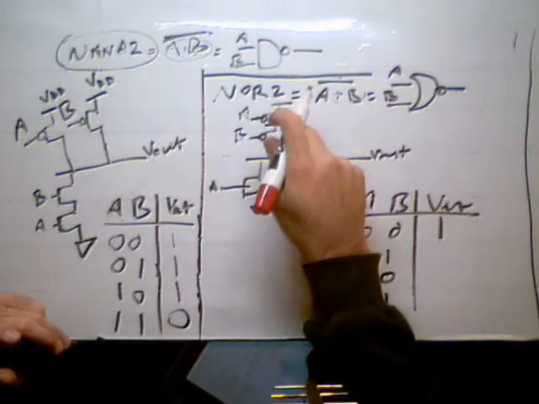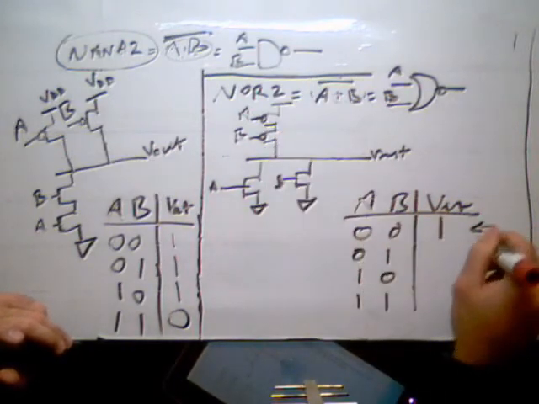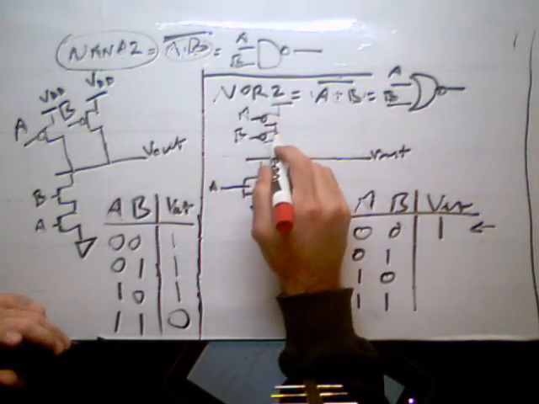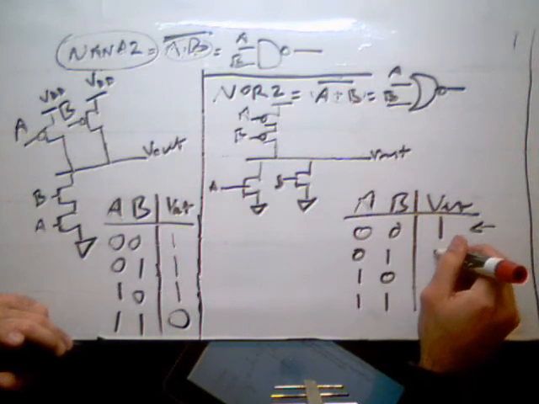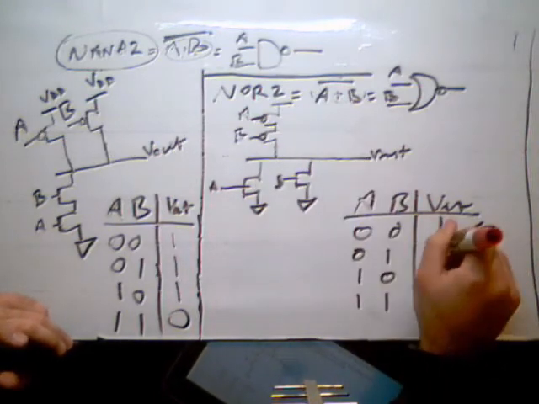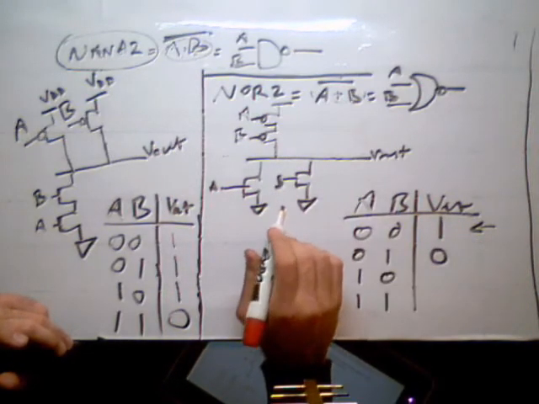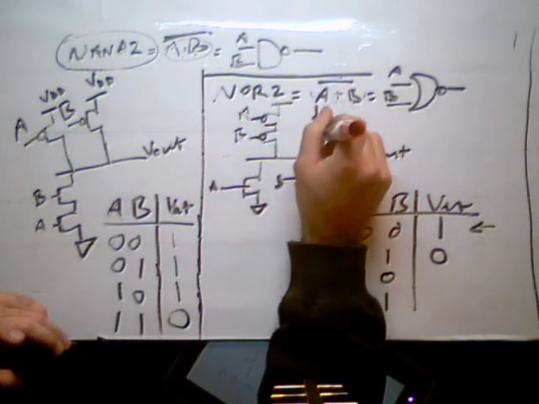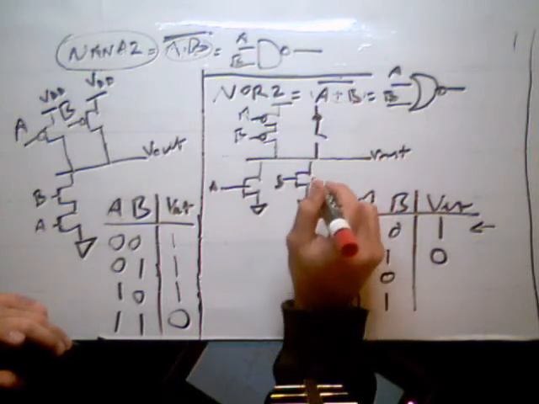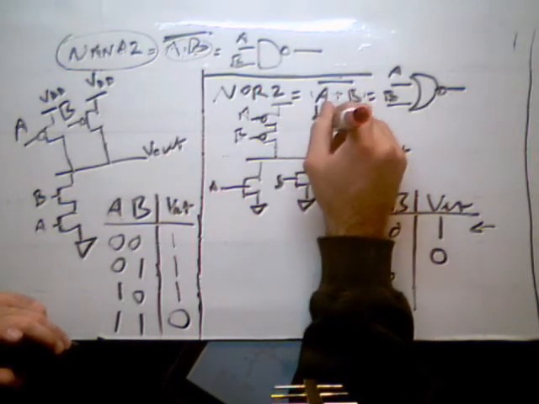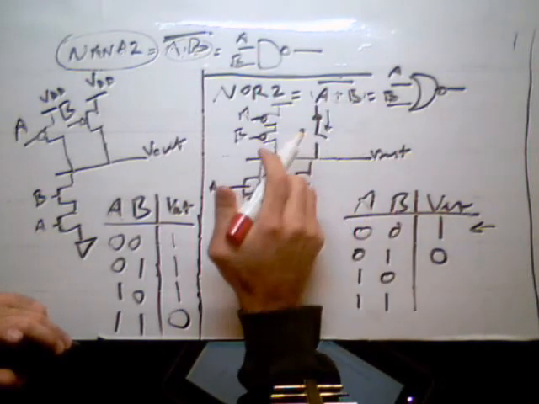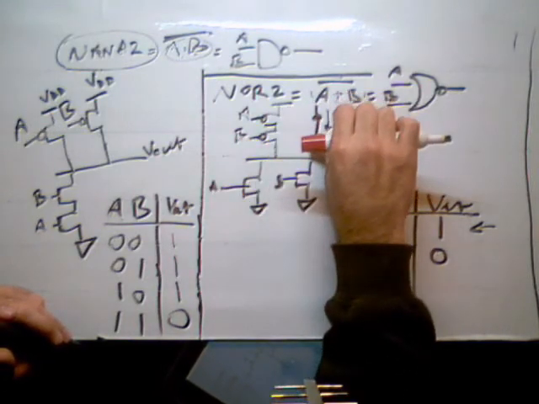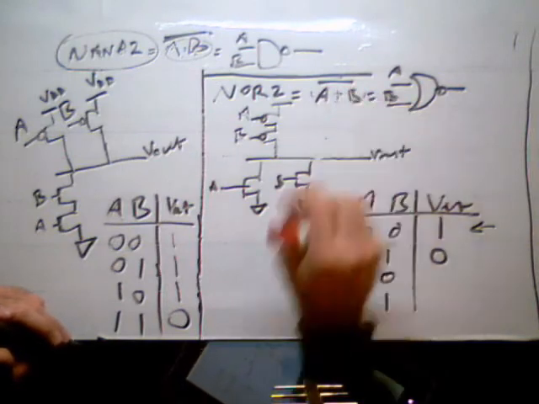Okay, 0, 1. Just pay attention to this step. 0, 1 is going to give you this device on, this device off. So since 1 is not going to pass through, it goes through, but this switch is on here, so you can't get high voltage at the output.